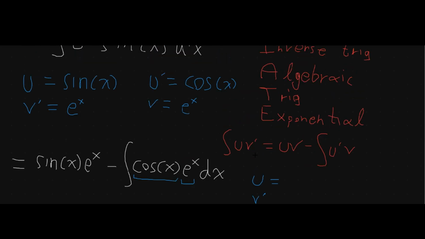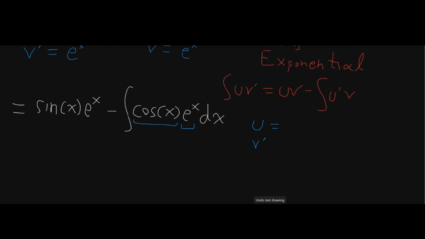So we will use the trigonometric function, which is cosine of x, to be our u, because it comes first in the list. So our u is cosine of x, v dash is e to the x, u dash is the derivative of cosine of x, which is negative sine of x, and the integral of e to the x is e to the x again.